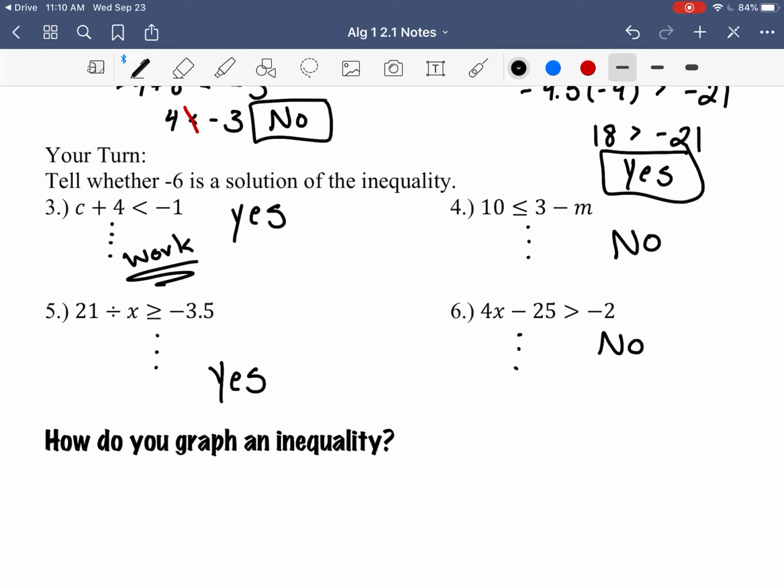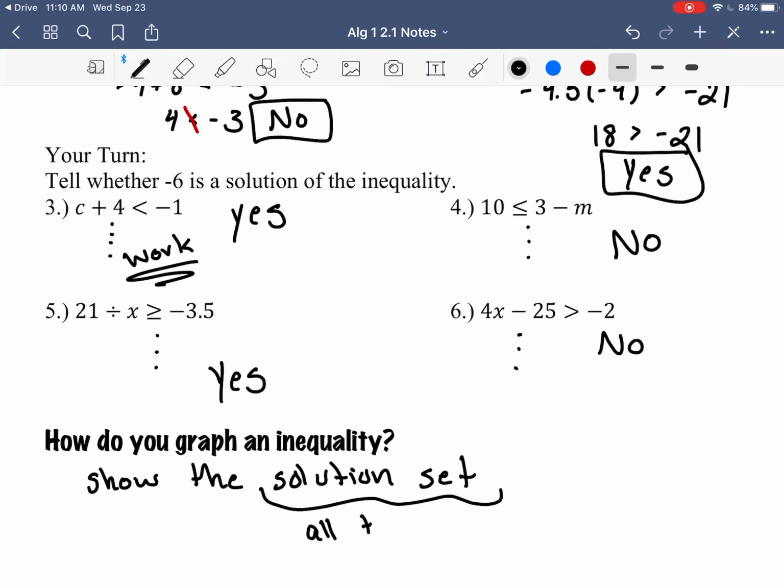How do you graph an inequality? A graph of an inequality needs to show the solution set. Meaning, it needs to show you all of the numbers that work. What we mean by solution set is all the numbers that work.